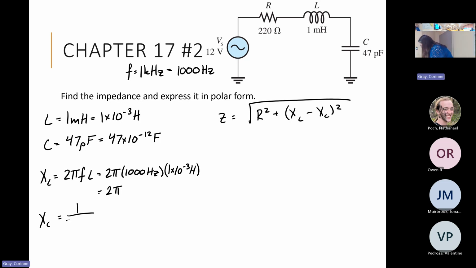XC will have 1 over 2 pi times frequency times capacitance, so 1 over 2 pi times 1,000 hertz times 47 times 10 to the negative 12 farads. This one I can't do in my head. What is this?